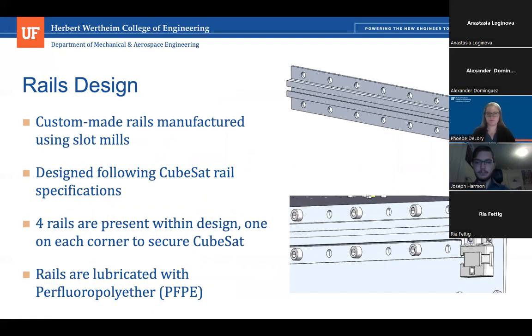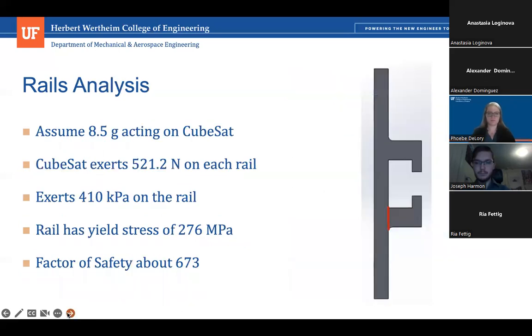Okay. And for the rails, the inner edges, like in the picture you had before, they almost look like little sharp corners. So I was just wondering if there's really small fillets on that to help with dispersing stress, or is it just sharp corners?